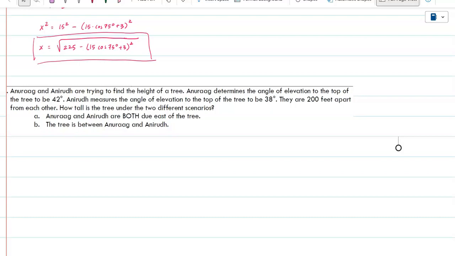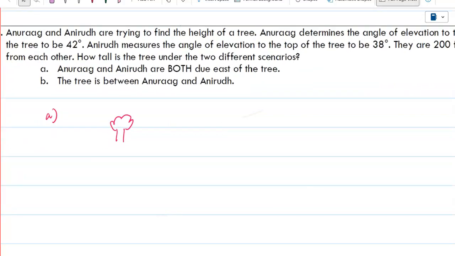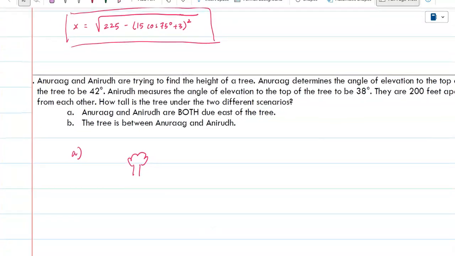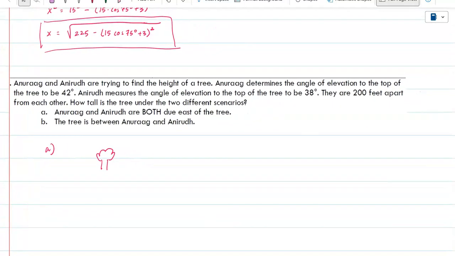So Anurag and Anirudh could both be on the same side of the tree, like due east, or the tree could be between them. The first scenario is where, here's the tree. And first of all, who is closer to the tree?